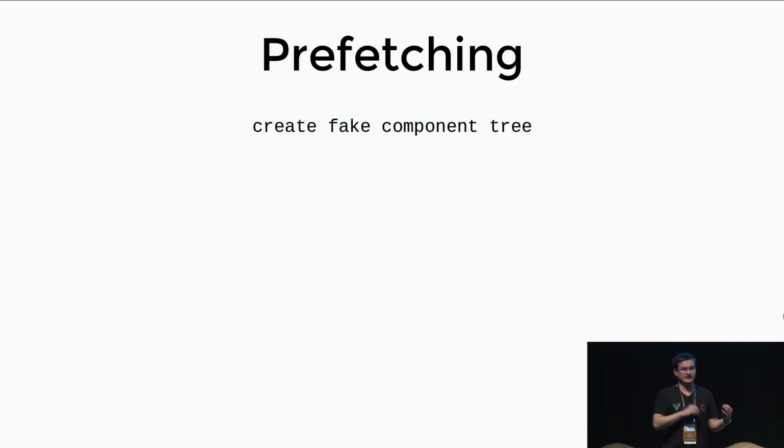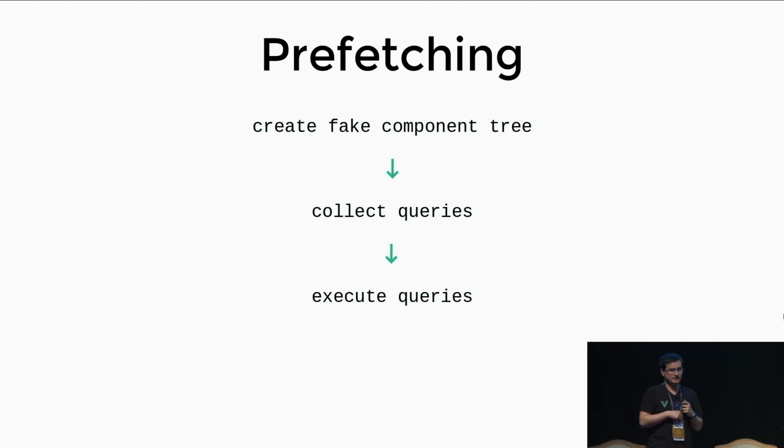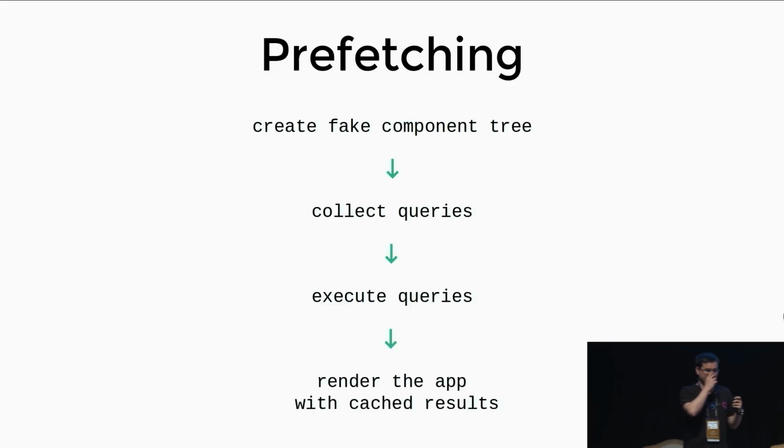So basically calling the render functions everywhere, to have the whole tree of the app, and then being able to walk it to collect the queries. So we collect them, and then as soon as we have all the queries we need to fetch, we execute them, and by executing them, we store the result in the Apollo cache, and then we render the app.